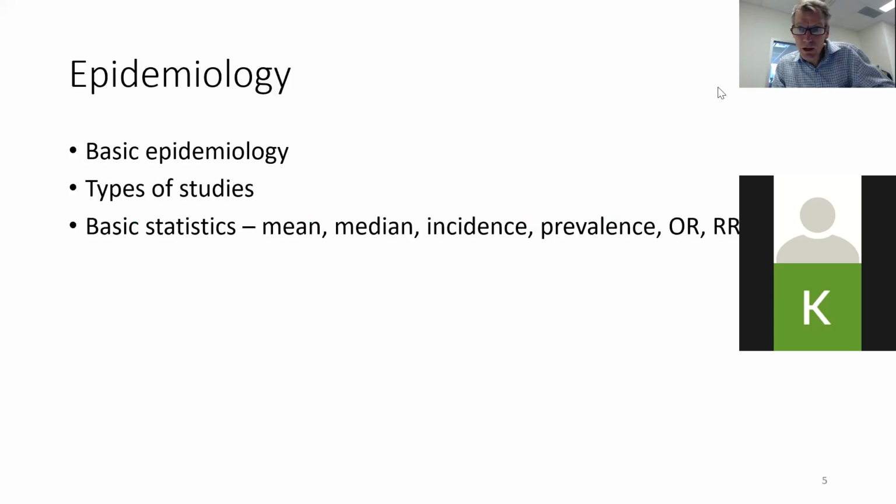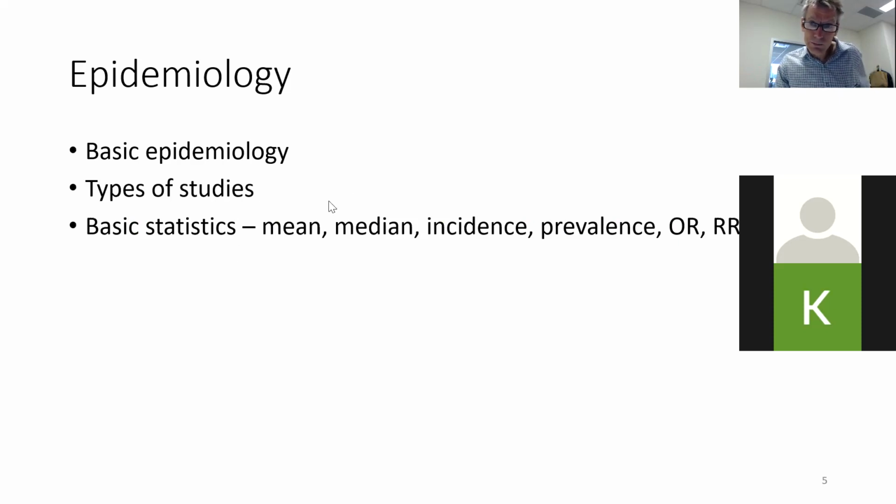Okay, I was going to talk a bit about basic epidemiology, because most of the studies that we do are epidemiological in some way. Mostly it's just basic descriptive epidemiology. And I think what we've got to be really good at is descriptive epidemiology. There's lots of other types of epidemiology, analytical epidemiology, but mostly it's just descriptive, basic, simple description.